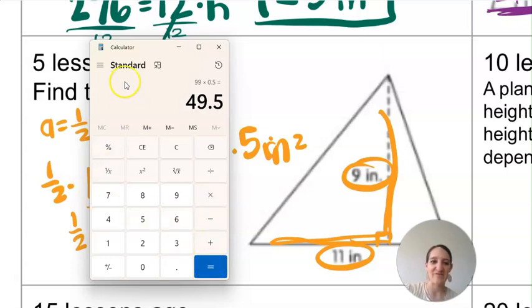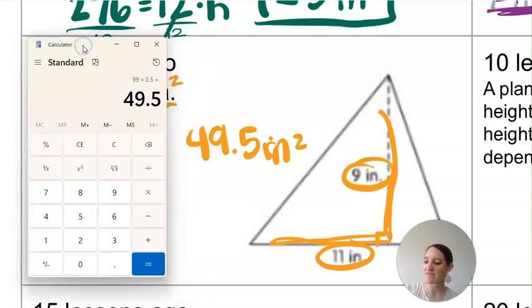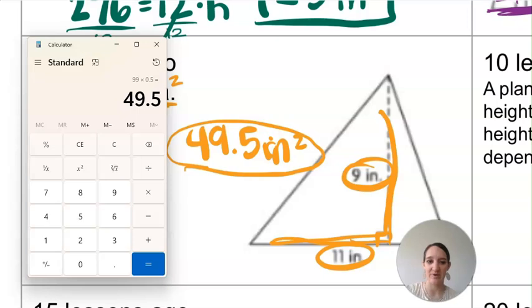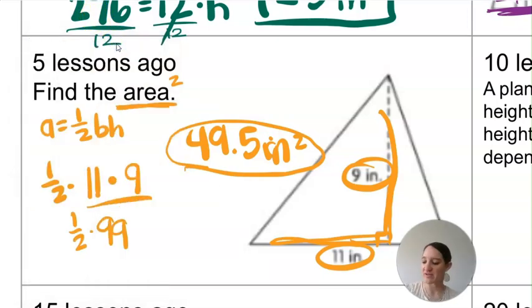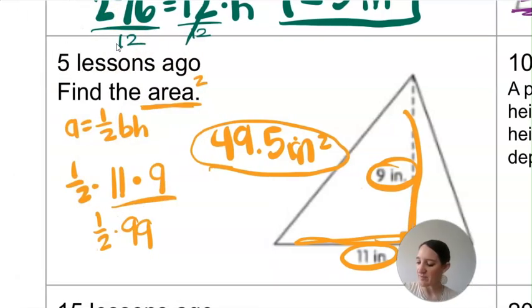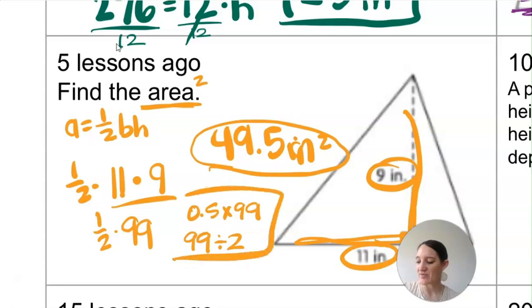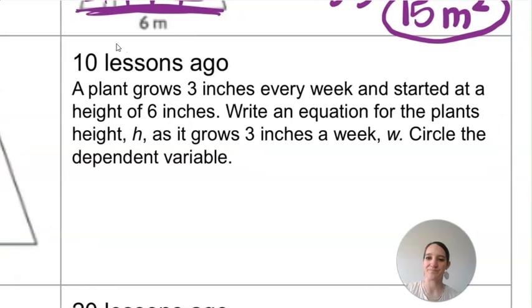That should give me 49.5 as well. So either of those options will help you get half of a number. So again, we either did 0.5 times 99, or we did 99 and then cut it into two pieces. Both of these gave us 49.5 inches squared.